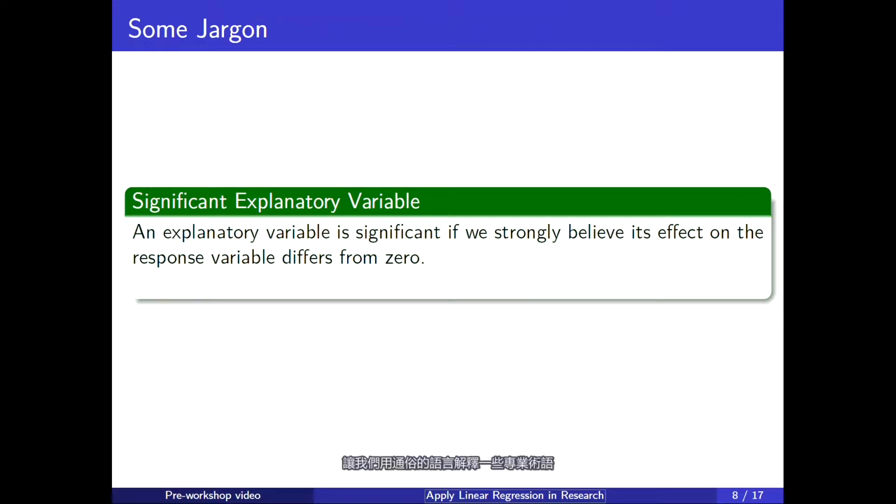Let's explain some jargon in layman's language. Whenever we say an explanatory variable is significant, we strongly believe its effect on the response variable differs from 0. However, it does not necessarily mean the effect is very big.